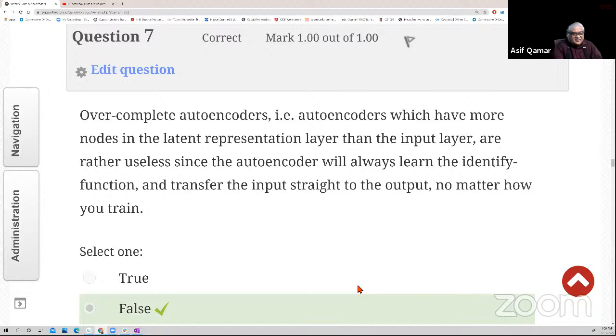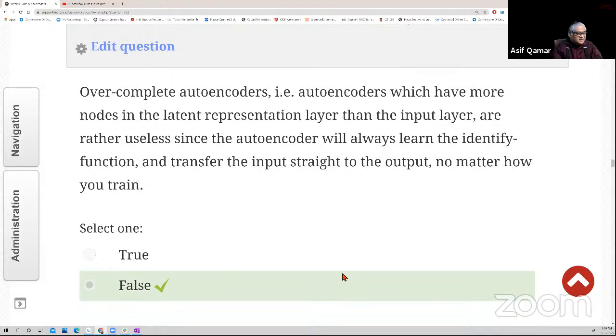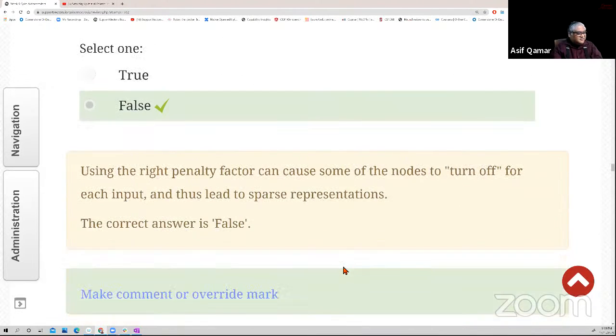You can use some regularization in training, and that will make it very useful. It will prevent the system from just transferring the input to the output. You just have to remember to have a very strong regularizing argument somewhere.